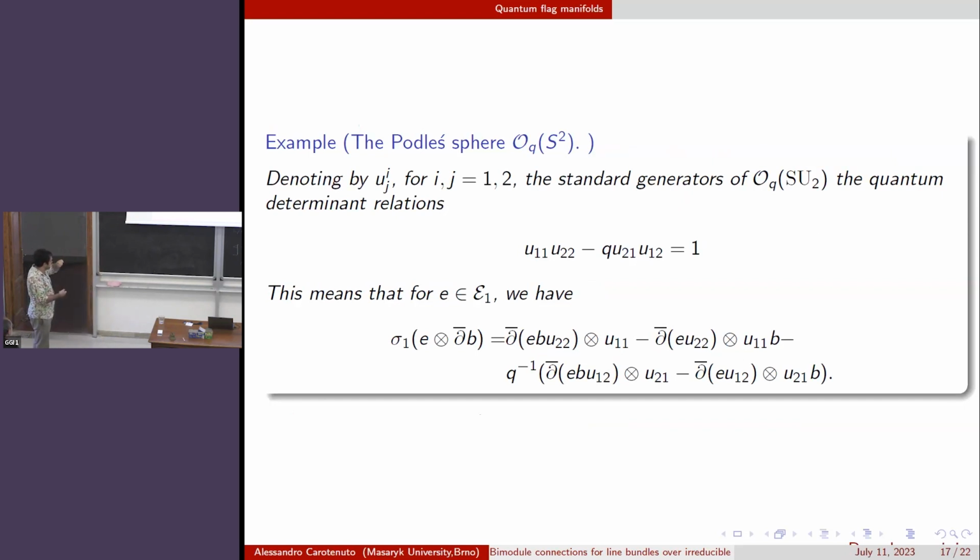So we have all the generators of quantum SU2 appearing inside the map sigma. And we can actually do better by making use of Takeuchi equivalence.